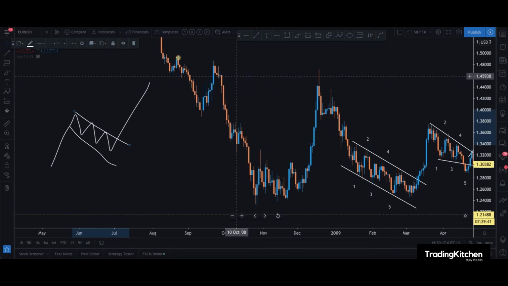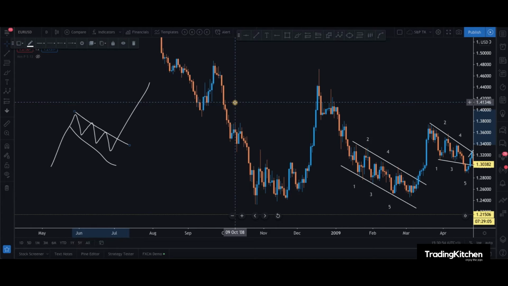We are on EUR/USD on the daily time frame, but as you will see, you can find this kind of pattern in all time frames. As I always say, the higher the time frame, the more reliable and the more profitable the patterns will be.